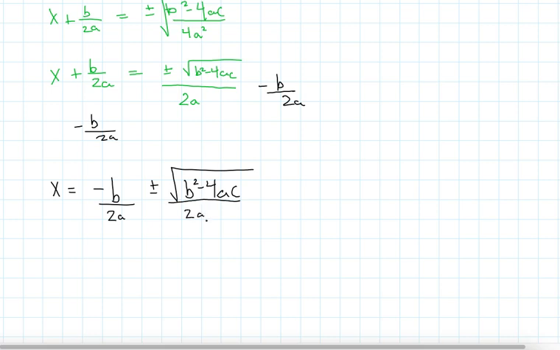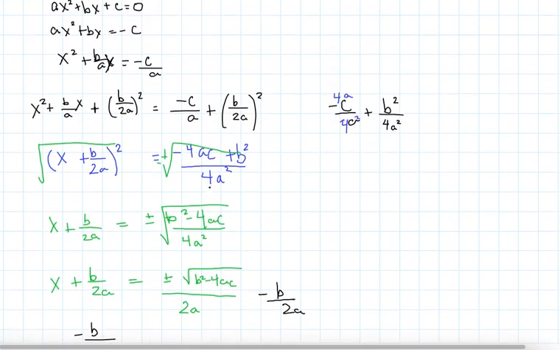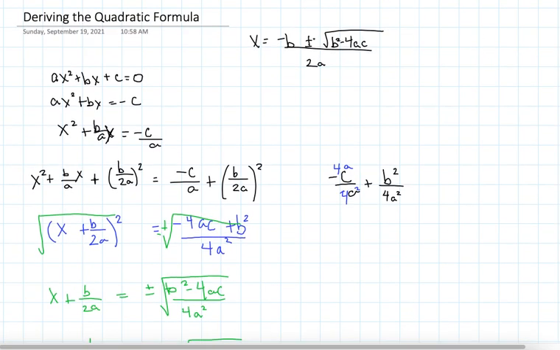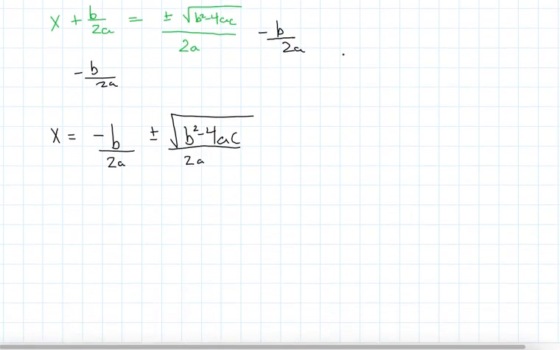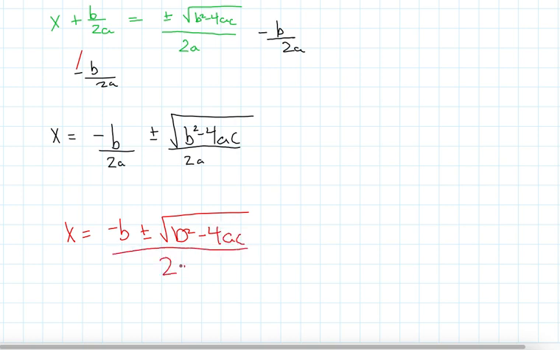And then, as you know, we're just going to combine that addition so that we have the same denominator. So that will be our final answer. Our goal here: negative b plus or minus the square root of b squared, that looks terrible, minus 4ac all over 2a, and we did it.